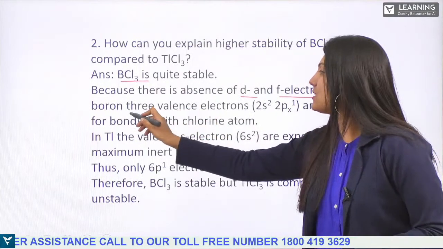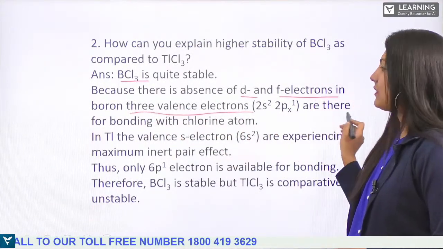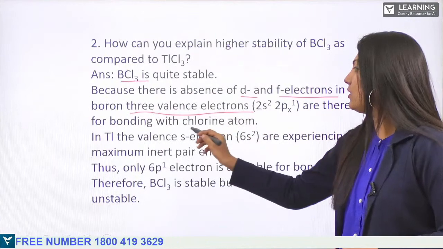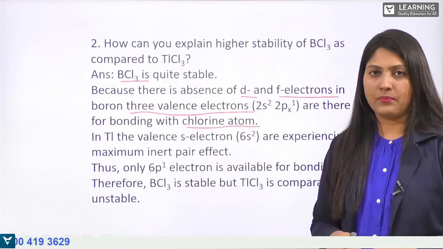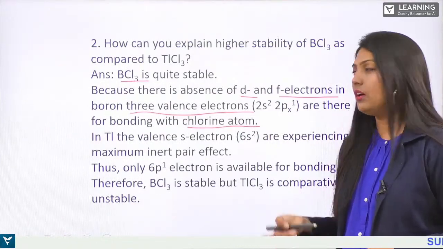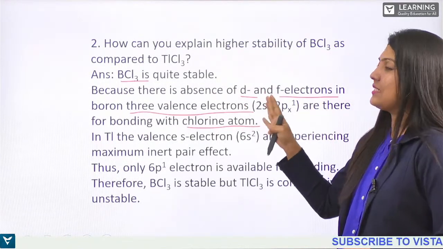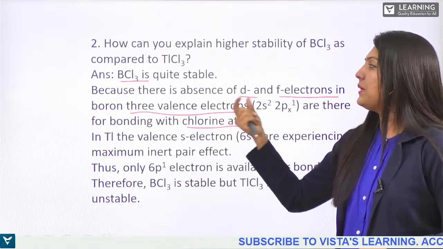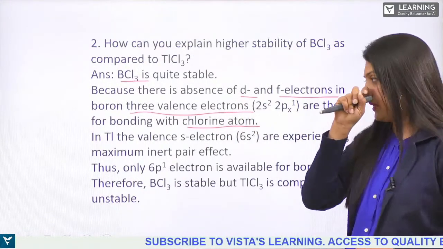So 3 valence electrons are there for bonding with the chlorine atoms. All the 3 electrons present in the outermost shell are available for bonding. So the +3 state is stable for boron and BCl3 is quite stable here.